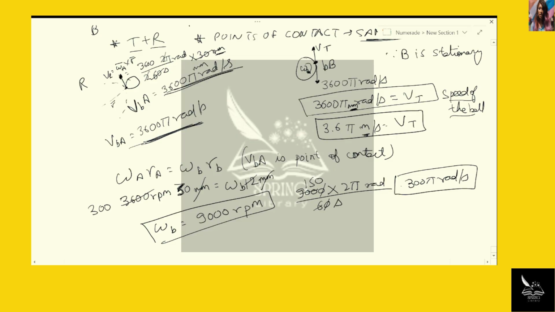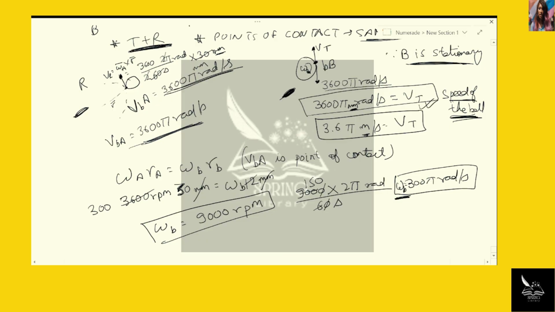So this is omega B. So we have figured out omega B and speed of the ball by using the principle of breaking all the motions into translation plus rotation. This was the rotational motion, and this was the translational motion, which is required to cancel the speed because we knew that B is stationary. So Vt had to be equal to this 3600 pi radians per second.